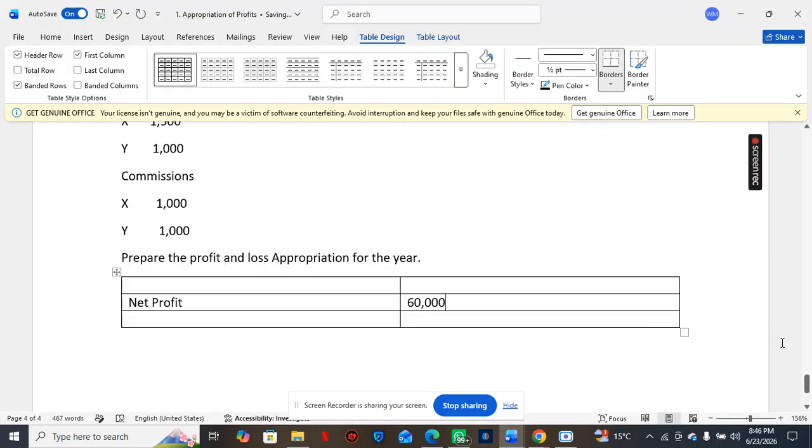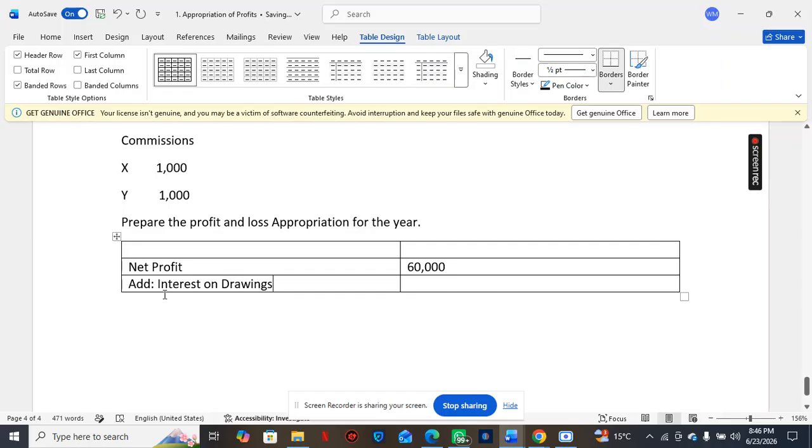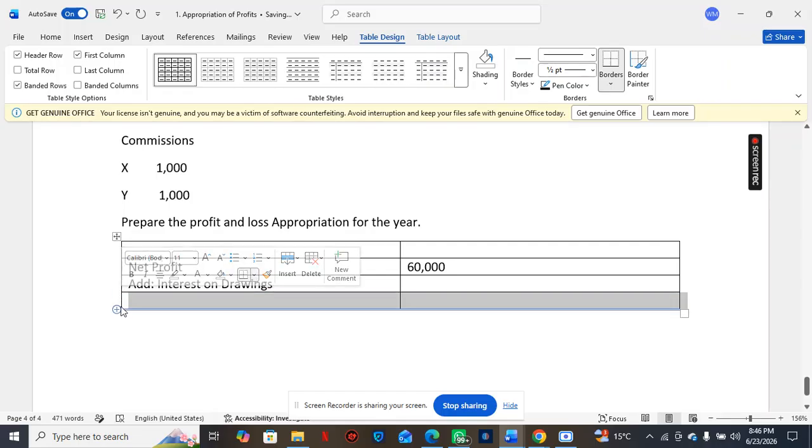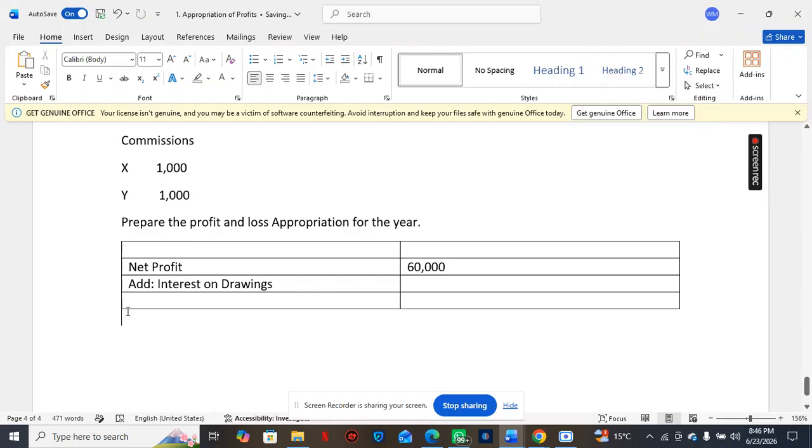Next we're going to add. Here we're adding any form of money that the partners owe to the business. So we're going to add interest on drawings, because remember, this is what the partners have to pay to the business for removing money from the business.